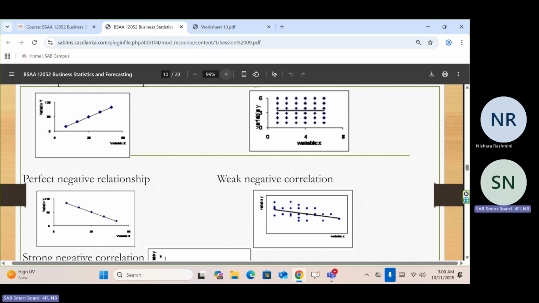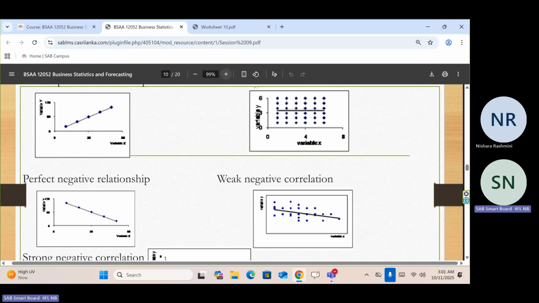Sometimes, with two variables, there is a relationship, but it is not a linear relationship. ඒකත් variables දෙක අතර relationship එකක් තියෙන්න පුළුවන්, හැබැයි ඒක linear නෑ. Understood? Then here we can say no correlation, or no linear relationship. This is the way we can do the visual representation of the correlation analysis. It's a visual representation. Okay?